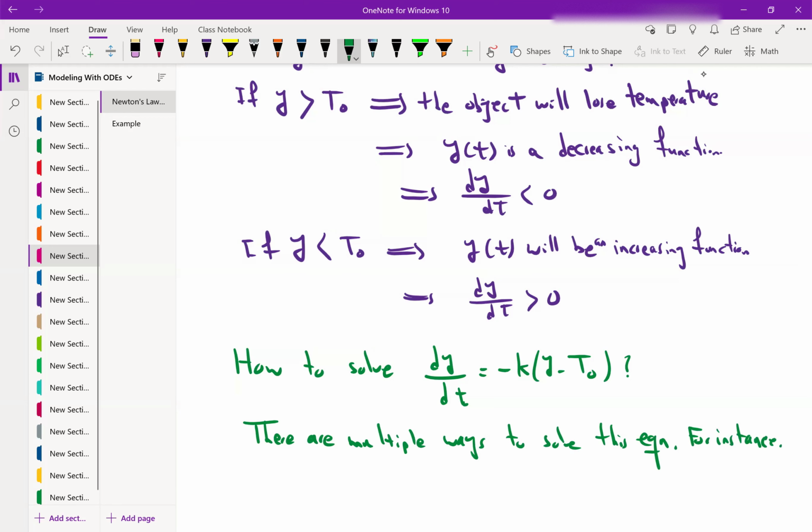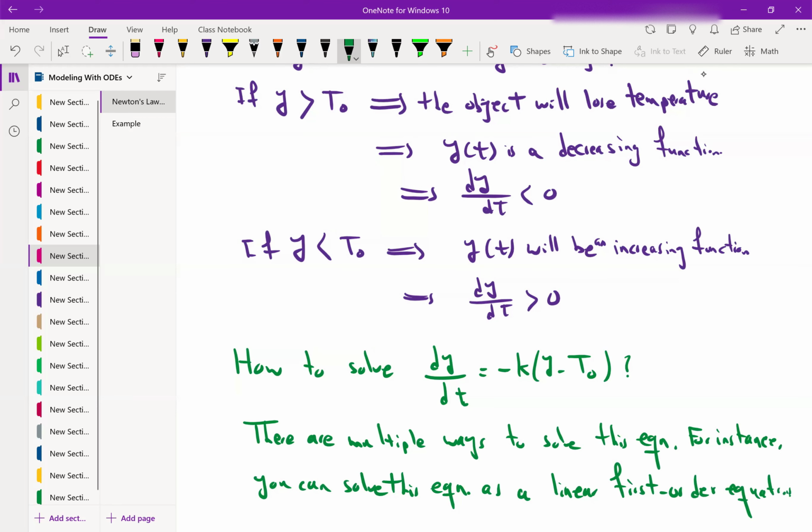You can solve this equation as a linear first order equation. We have a step-by-step procedure for solving linear first order equations.